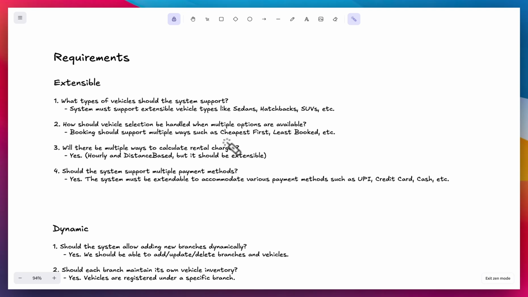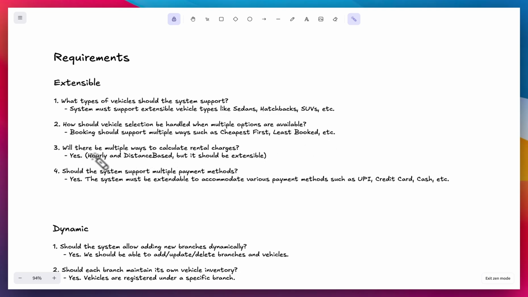That's the reason why we can use the strategy design pattern. And if we are using it, obviously we would have one booking strategy interface and concrete booking strategies like cheapest first and least booked strategy. So total entities in the second point could be booking, then one interface, then cheapest first strategy and least booked strategy.